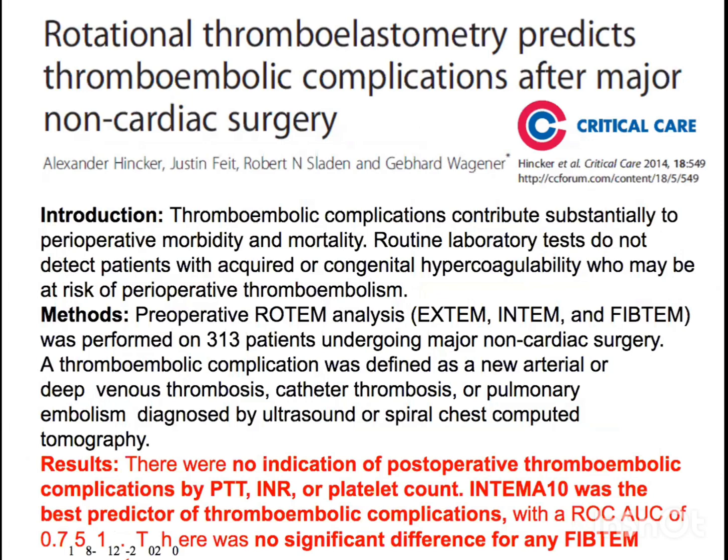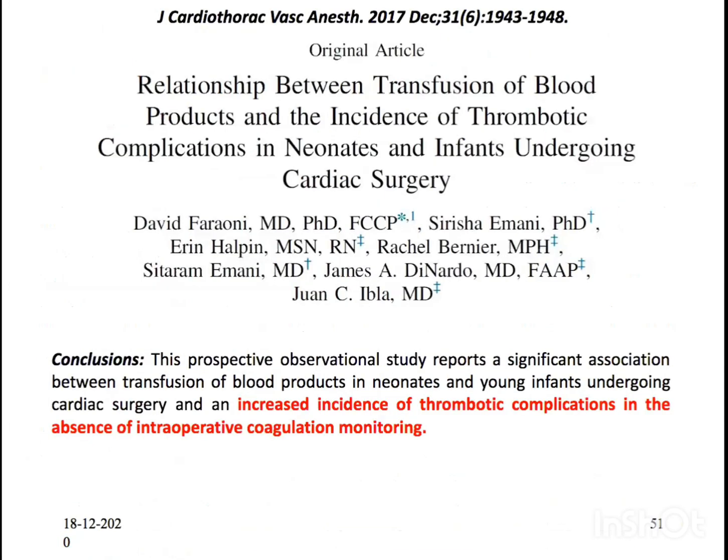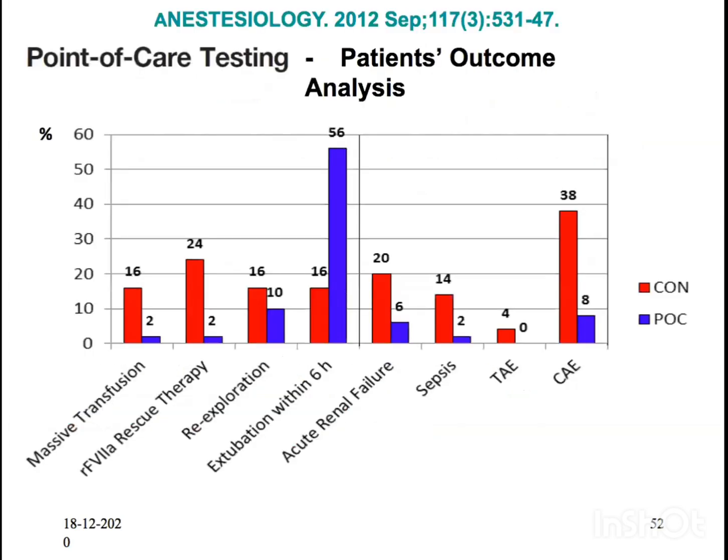And postoperative thromboembolic complications, though PT, PTT, INR or platelet count can tell us so much more, but it is the INTEM at A10 which is the best predictor of thromboembolic complications, with a ROC area under the curve of 0.75, and there was no significant difference for any FIBTEM. So the relationship between transfusion of blood products and the incidence of thrombotic complication in neonates and infants undergoing cardiac surgery shows that increased incidence of thrombotic complications happens in most patients, and these patients require point of care testing for good patient outcome analysis.